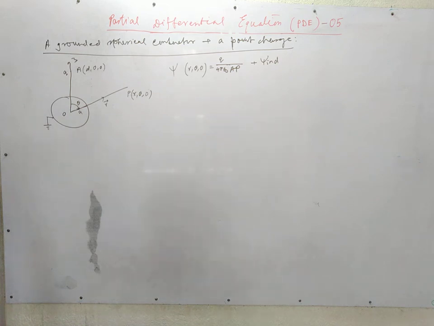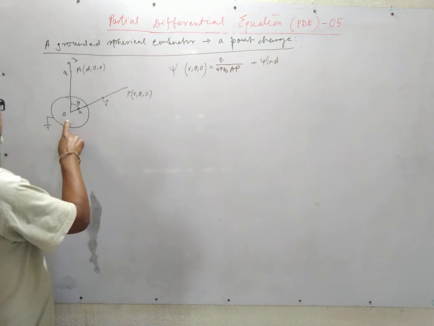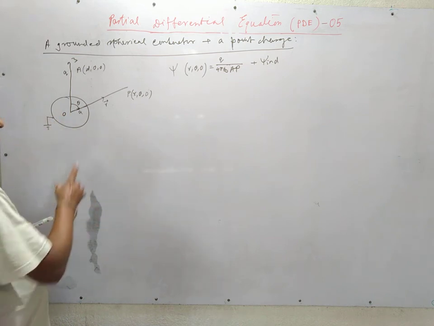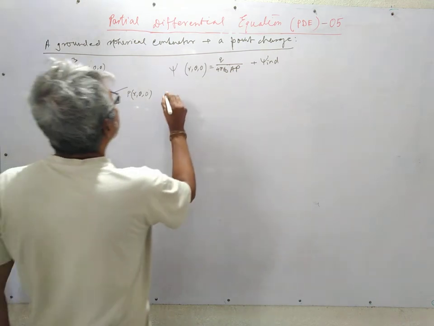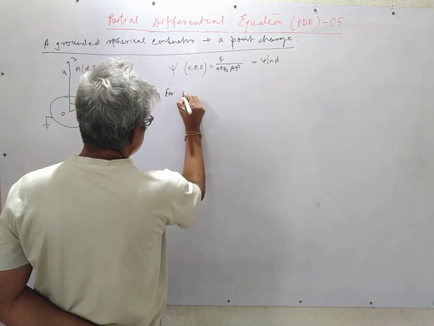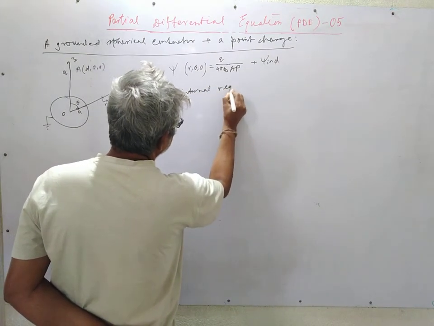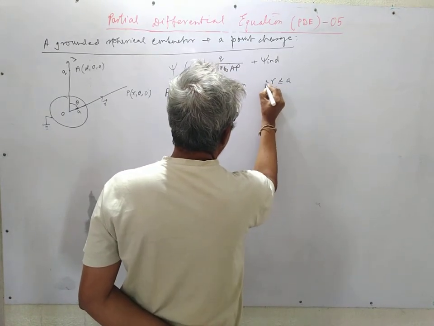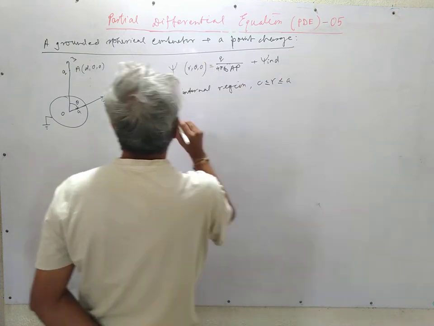So phi induced, if we consider the regions, one is the region ranging from 0 to a, the internal region, r less than or equal to a and greater than or equal to 0. This is the solution of Laplace's equation.